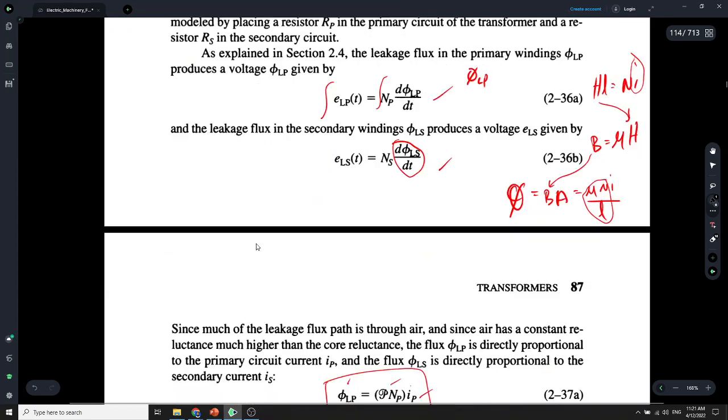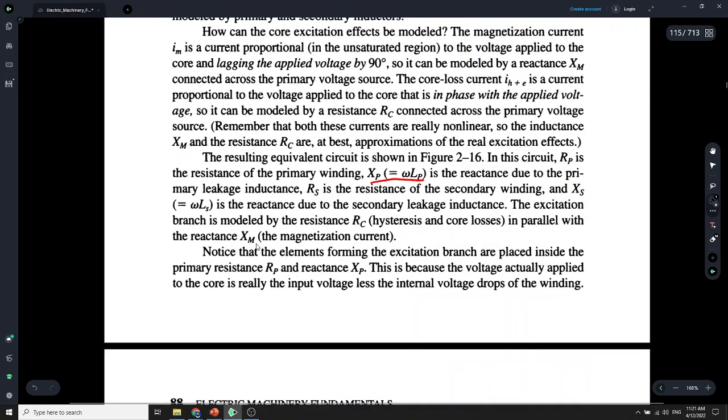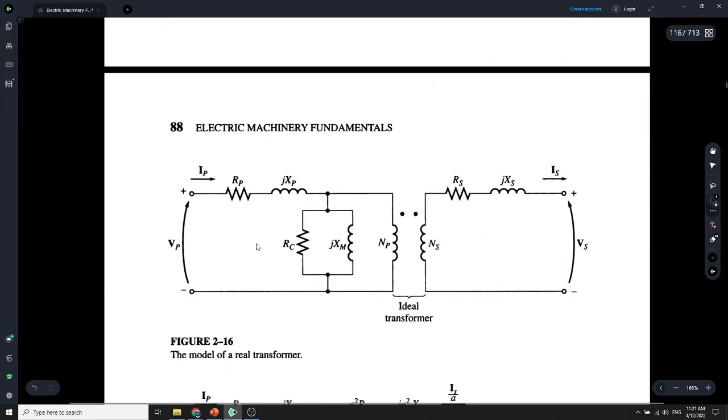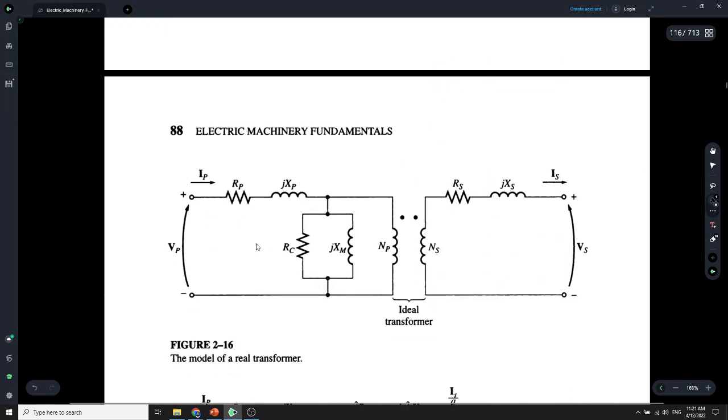So after we know everything, this is the complete transformer equivalent circuit.